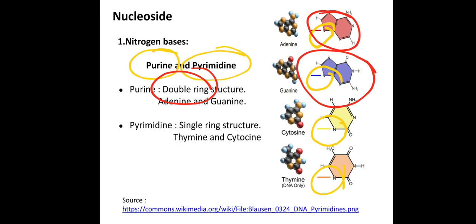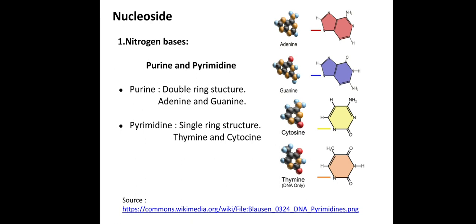If there are two rings, then it is a purine. Whereas pyrimidines have a single ring. If there is only one ring, then it is a pyrimidine. Record these two, purines and pyrimidines, as the types of nitrogenous bases which form a nucleoside.